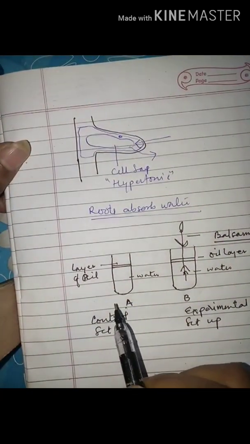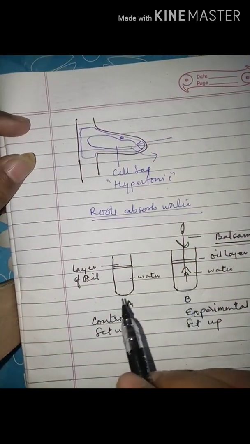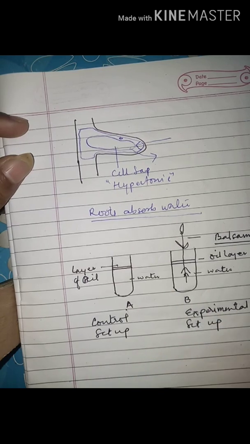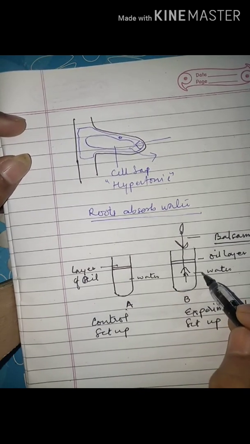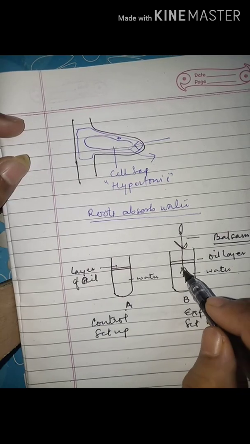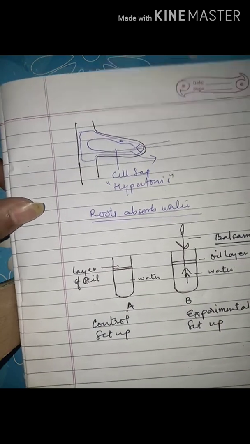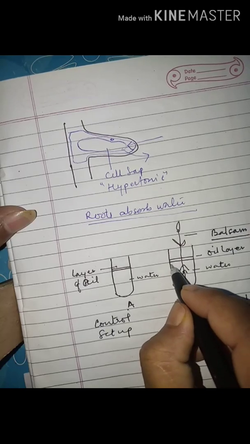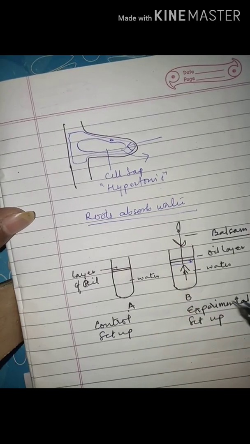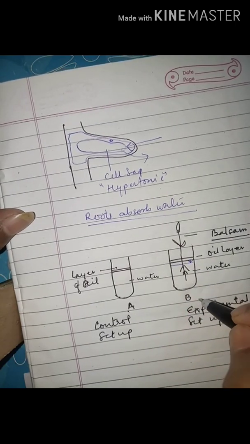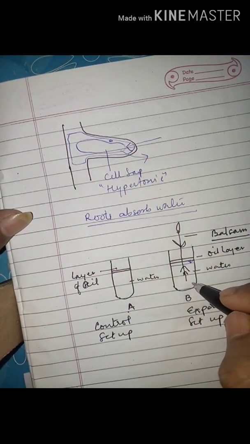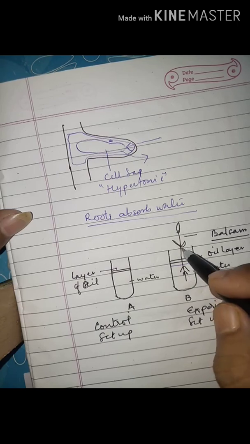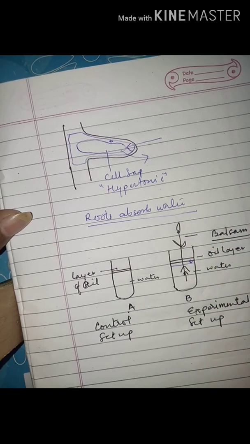So after leaving them for 1 to 2 days undisturbed, what will we observe? The level of water in test tube B will decrease. This shows that water in the test tube was absorbed by the roots and is lost by the plant.